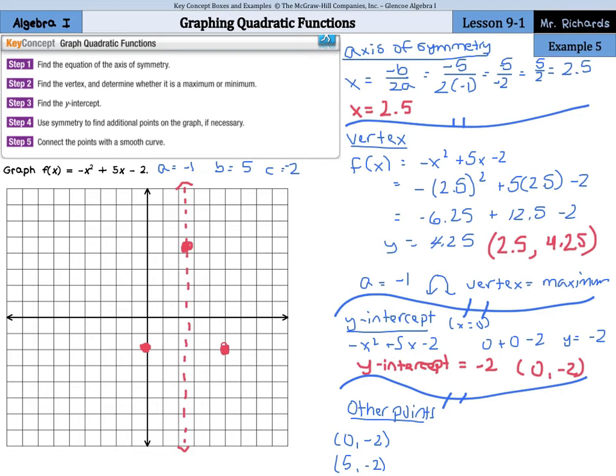Next, we should look to fill in our graph either somewhere over here or over here. I'm going to pick the point where x is 4, and see where my y falls. Probably somewhere in this area, but let's see what happens.